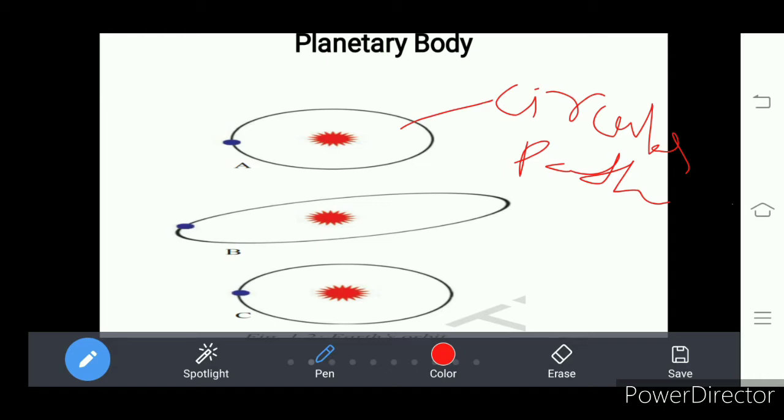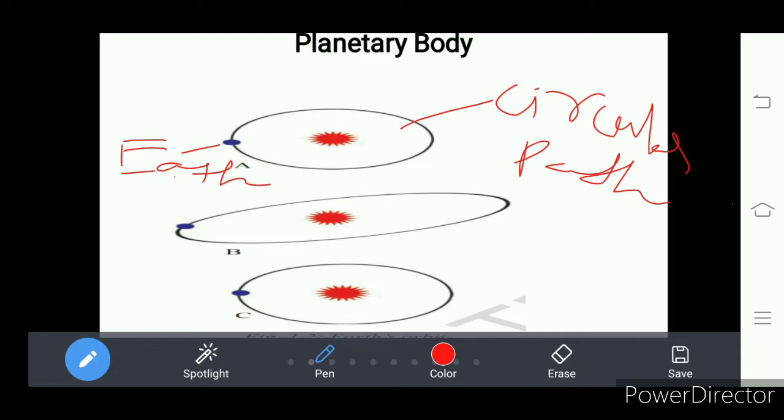Understand? So just assume that if the Earth's orbit is in a circular path, then we should get only one season throughout the year. As here, look at here, this is Earth. The small blue dot is there.